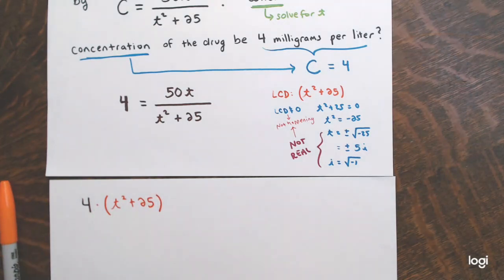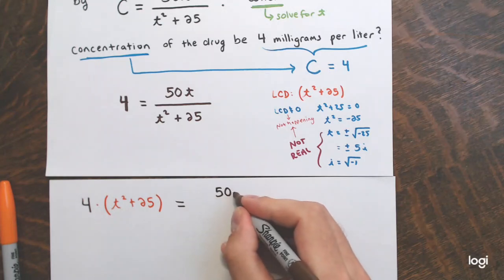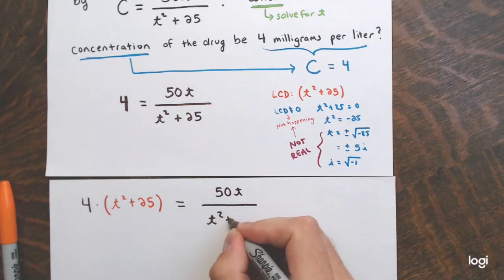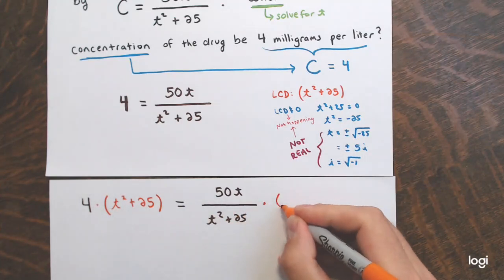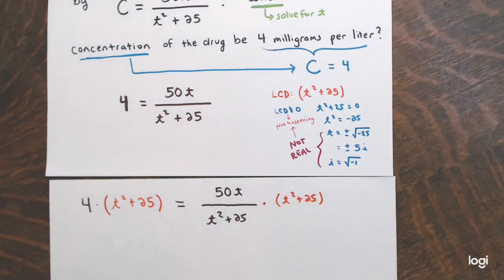And then the right side, I've got 50t over t squared plus 25, and I'm again multiplying this by the LCD. The only factor is t squared plus 25. And hopefully you're seeing again that all this is its own factor. That's as factored as that gets.